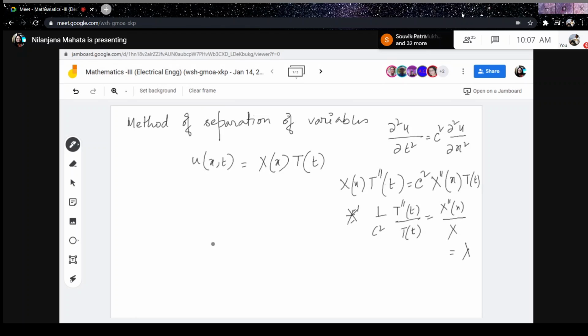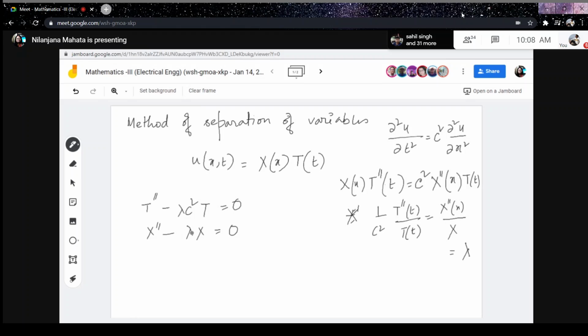So we will have our equations as T double dash minus lambda c squared T is equal to 0, and X double dash minus lambda X is equal to 0. Now you know how to solve this type of differential equation.